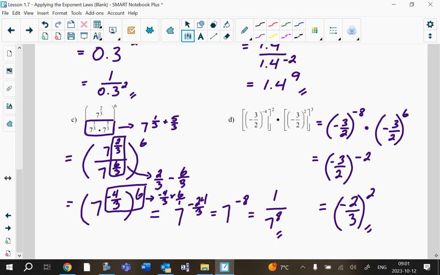But just for tomorrow, I would like you to do just the first 2 pages of 1.7. So up to the end of 7C. If you want to go past that, that's fine, because I'm going to assign the rest of it tomorrow for next week.